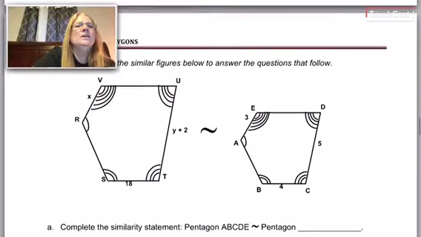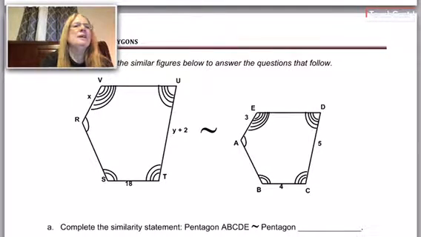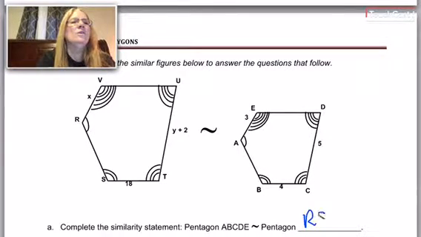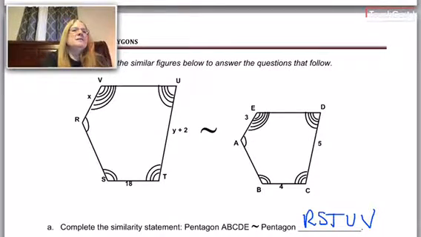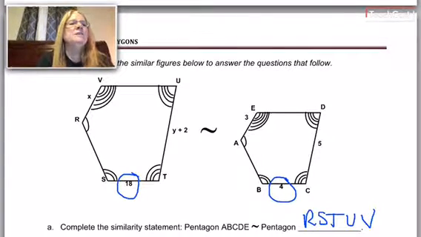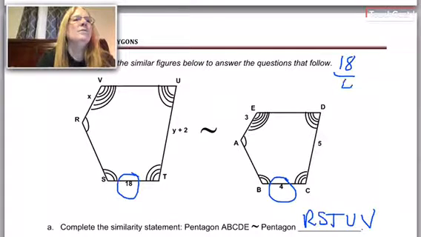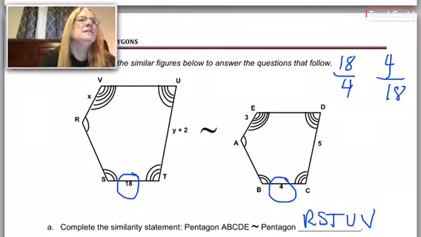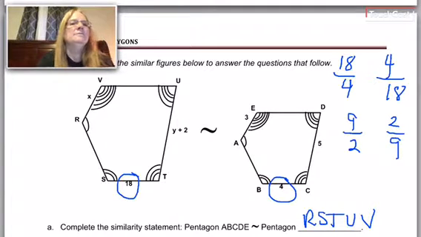Okay, so in this figure here, we see that they've lined them up in the same way, and so the similarity statement: A, B, C, D, E would be similar to R, S, T, U, V. Now when I'm looking for my scale factor, again, I just take the two sides that have measurements, and it is either 18 over 4 or 4 over 18, just depending on which direction I'm going. Now that simplifies to 9/2 and 2 over 9.